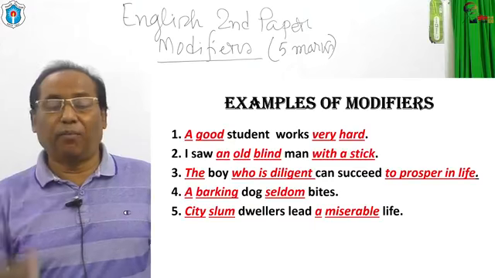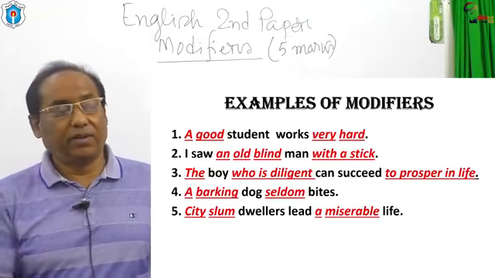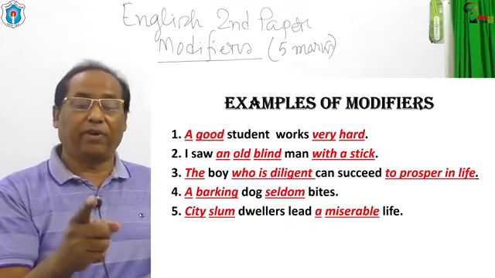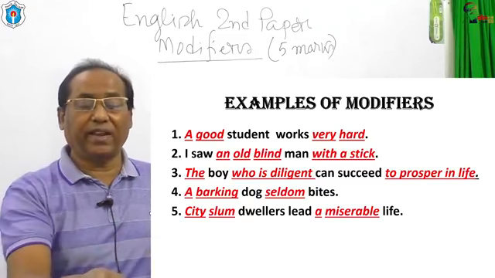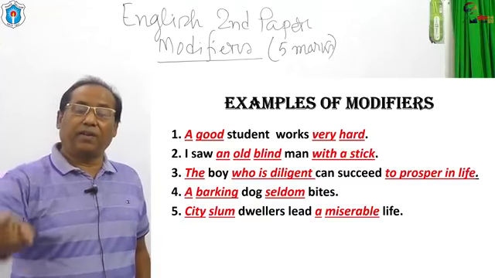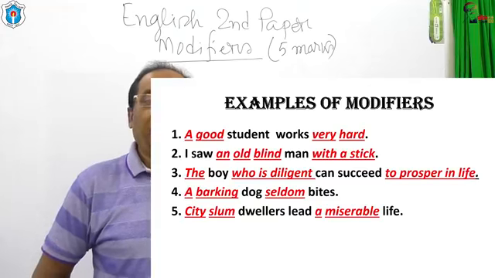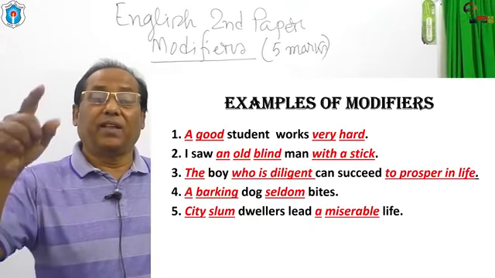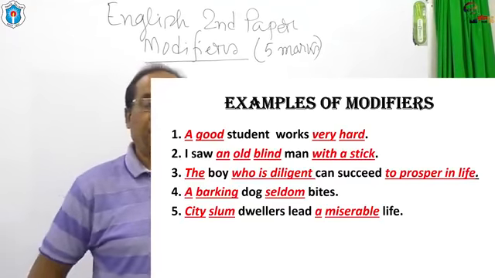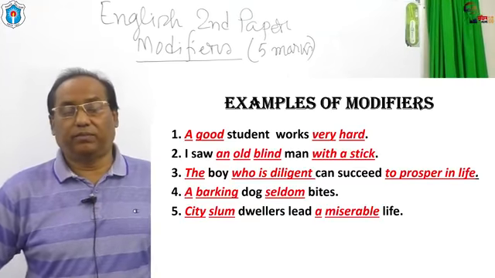Secondly, a modifier can modify another adverb. Example, very. Very itself is an adverb. It modifies another adverb, hard. Thus, an adverb can modify another adverb. My dear student, an adverb can also modify an adjective. For example, she looks very beautiful.